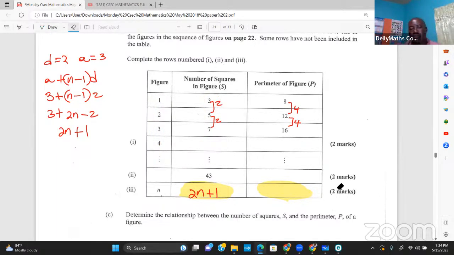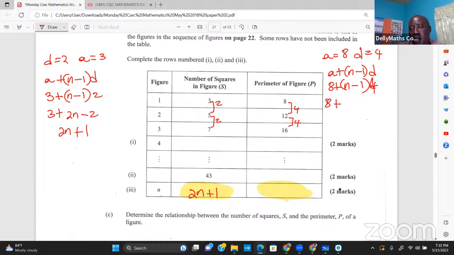So we have that. Let's fill out the other one with the 4. Could do it up here. A is 8. D is 4. The formula to get the n row is A plus (N minus 1) D. A is 8 plus (N minus 1) times D, which is 4.